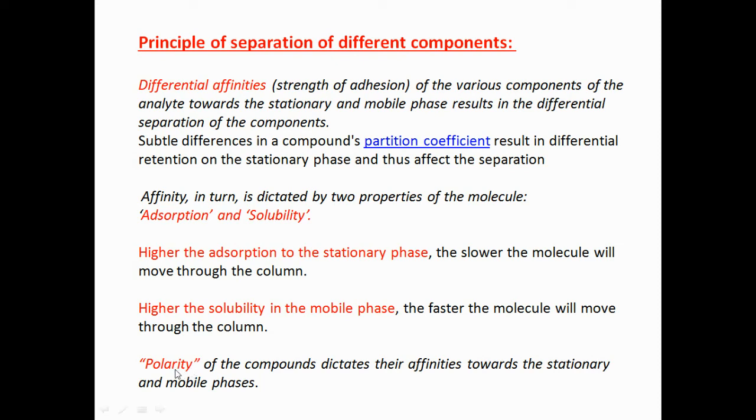Polar components will show more affinity towards the polar stationary phase, and non-polar components will show more affinity towards non-polar components. Based on these differential affinities, the separation of the components will take place. So we can say that two properties of the molecule will act, that is adsorption as well as solubility.